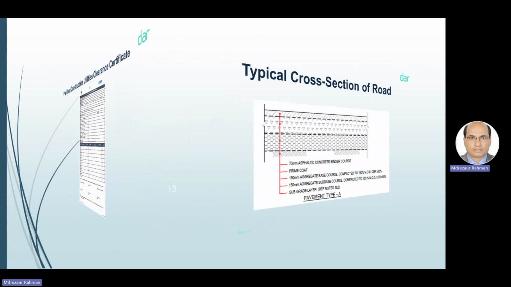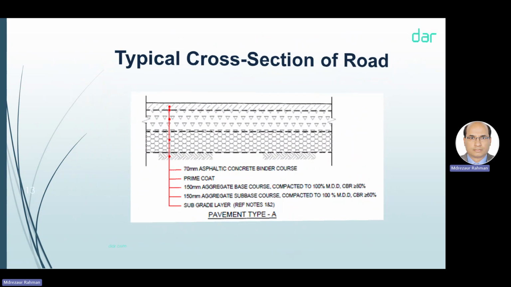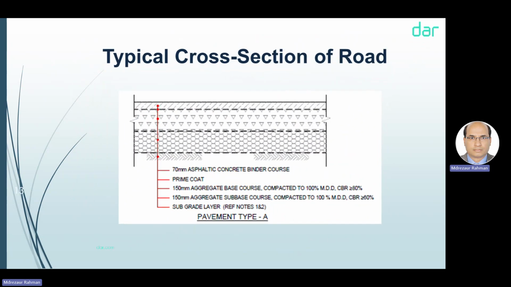Next, this is a typical cross section of the road. I believe everybody knows, but I'm just repeating it. The bottom is subgrade. After the subgrade there is a 150 millimeter aggregate subbase, and the compaction should be 100% and CBR should be minimum 60.